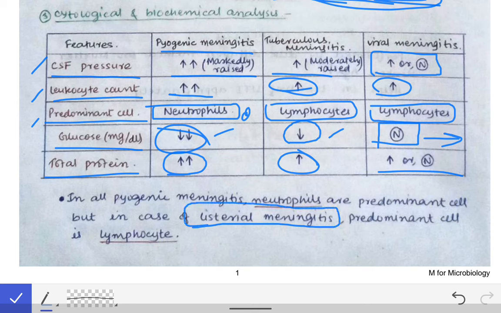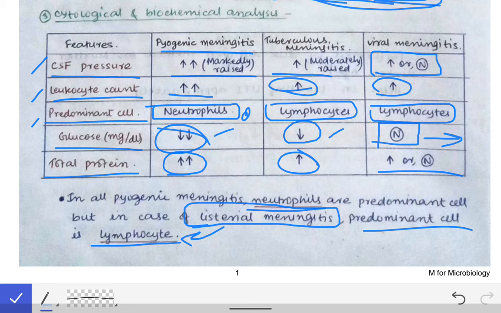Listeria was a common cause of meningitis in elderly people. So in case of meningitis due to listeria, the predominant cell is the lymphocyte, and in all other cases of pyogenic meningitis, the predominant cell is the neutrophil. So this is an important point about listerial meningitis, that the lymphocytes are raised in the CSF.